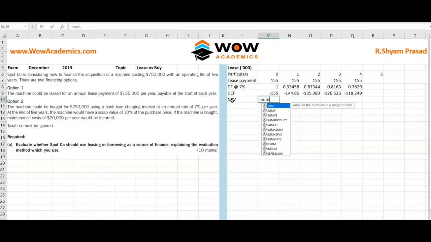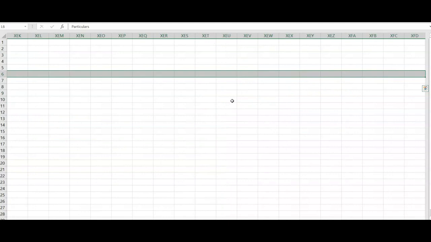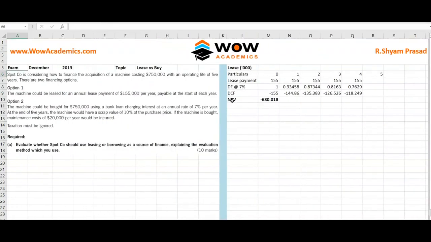Use the sum function, add all the flows, and you get the answer. The answer comes to negative 680. So the discounted cash flow comes to minus 680.